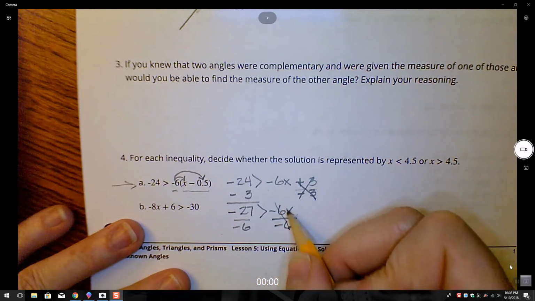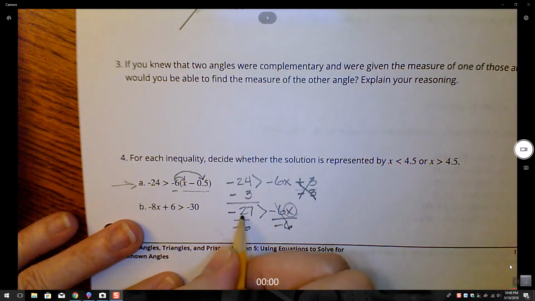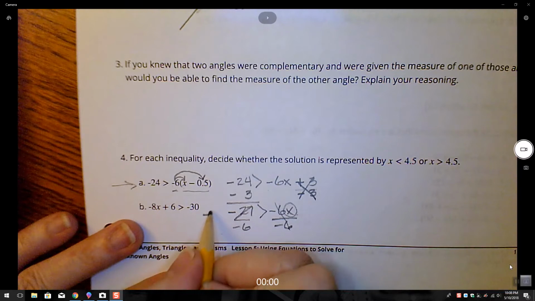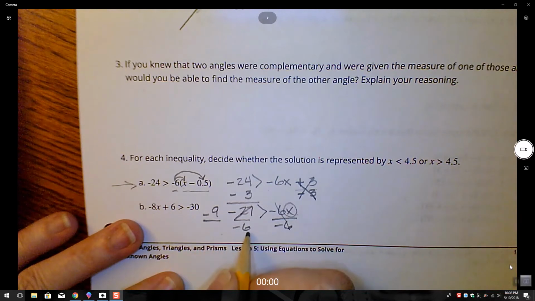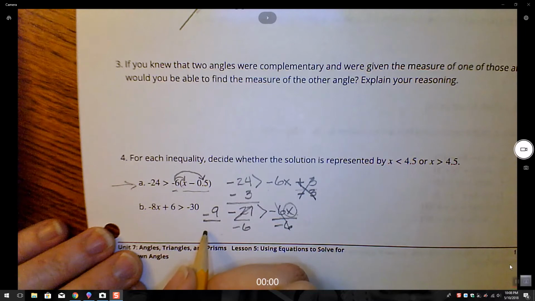So this just cancels out and we're left with the x. Negative 27 divided by negative 6, well, it's going to be a positive, and I know we can put 3 into this 27, and we will get 9, and we can put 3 into this negative 6, or divide this negative 6 by 3, and we're left with negative 2.